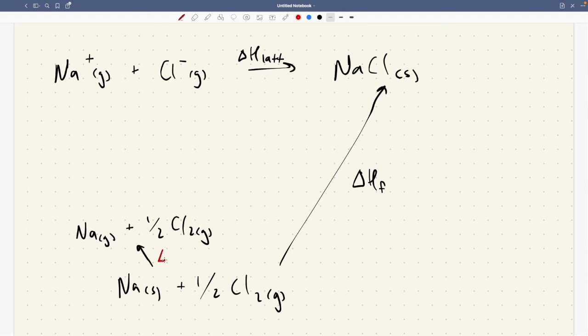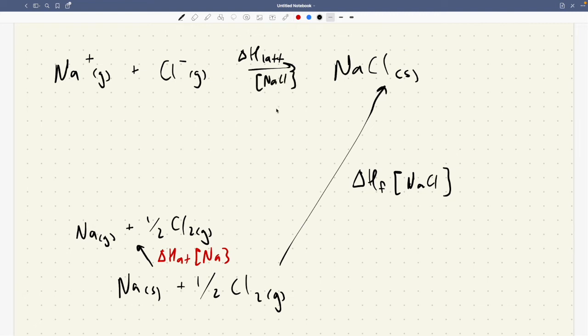So this is going to be the ΔH of atomization of our sodium. We're going from the element to the atom. Why don't we pop some other labels on these as well? This is our ΔH formation of our sodium chloride. This is our ΔH lattice, also of our sodium chloride. I might put that underneath.